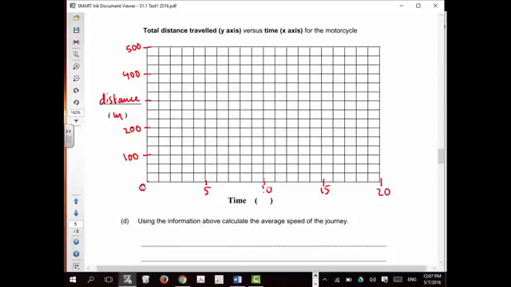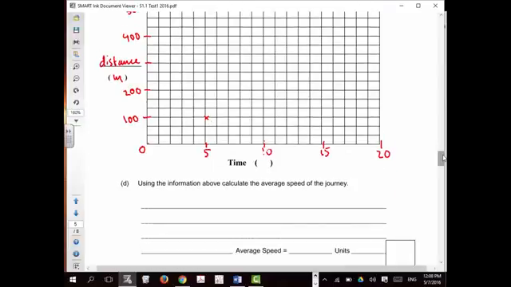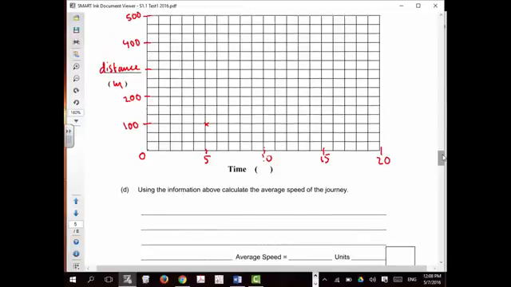Okay, so now for the first 5 seconds, we know that the motorcyclist got to 100 meters, and we know that the motorcyclist was accelerating during that time. And for the second 5 seconds, we know that he traveled a further 200 meters, so that's up to there. And then for the next 10 seconds, we know that he traveled while decelerating all the way to there.